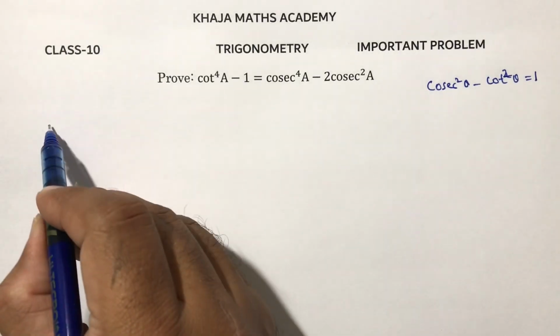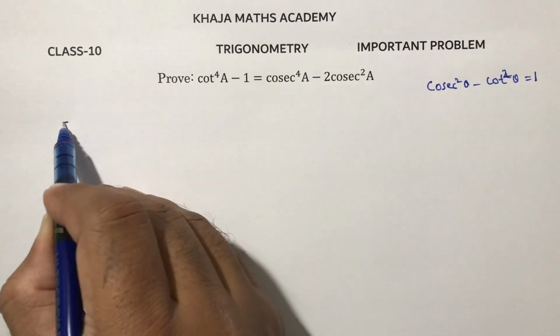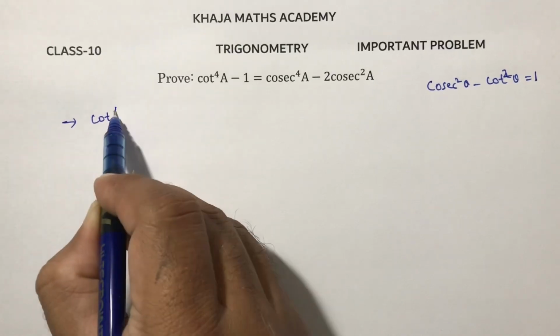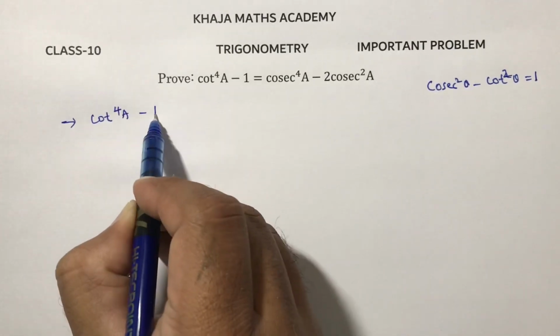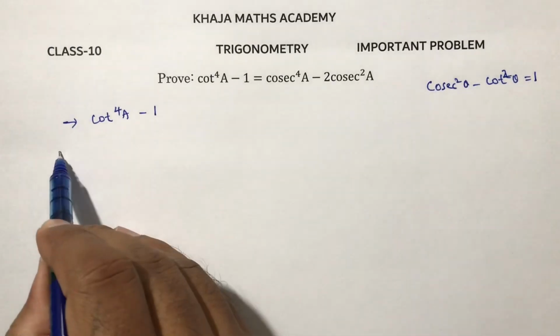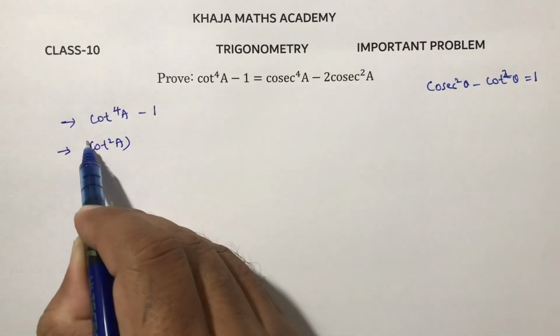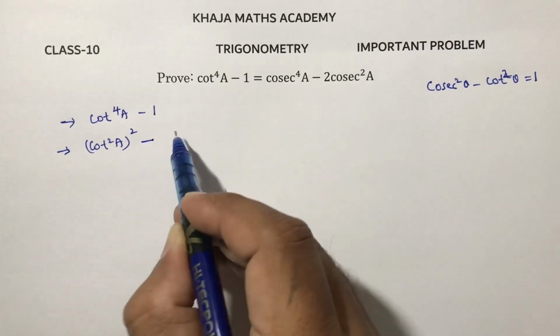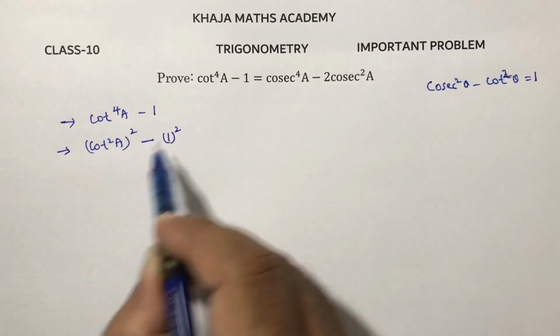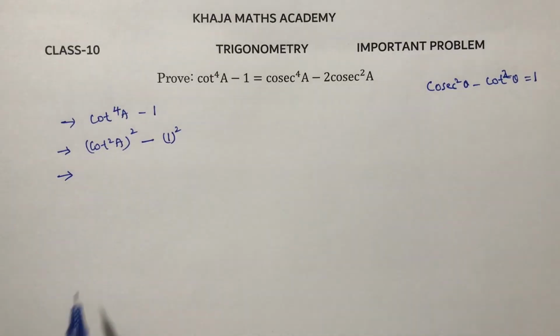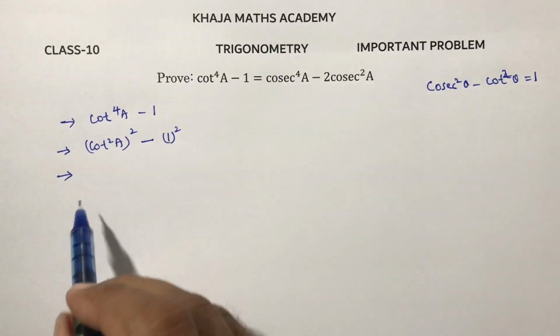Now take LHS, that is cot power 4a minus 1. So you can write this as (cot square a) whole square minus 1, you can write as 1 square. So a square minus b square.